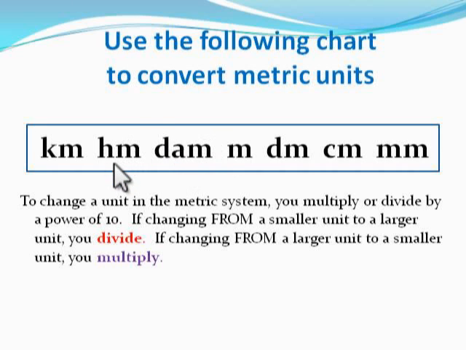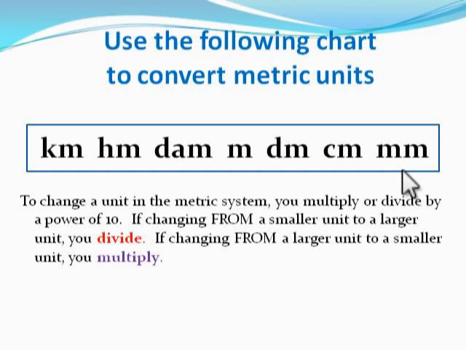Hectometer, 100 meters. Now the reason we don't see that on the measurement chart is because there's not a tool that is a hectometer. So you can't use a hectometer. And then kilometer is 1,000 meters, and that was on our chart. Decimeter is 1/10 of a meter. A centimeter is 100th of a meter, and a millimeter is 1,000th of a meter.